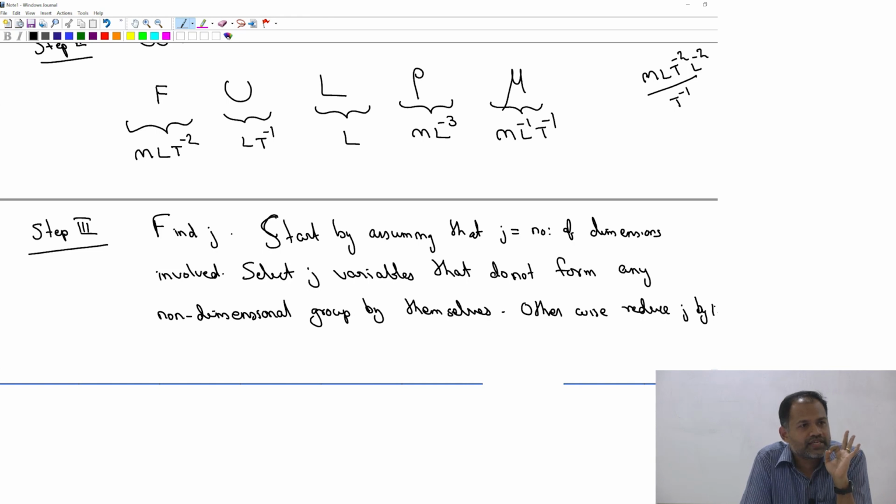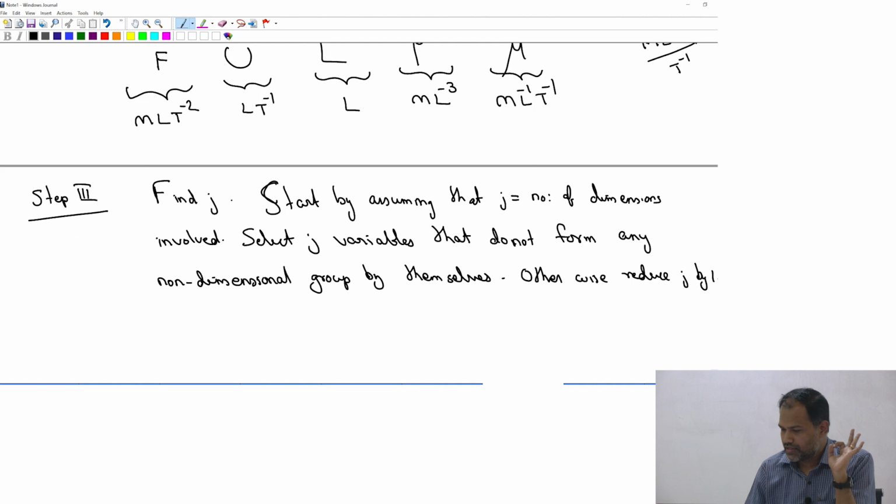So I will select j to be 3 to start with. And that means I have to select now 3 variables from the 5 variables that I know.